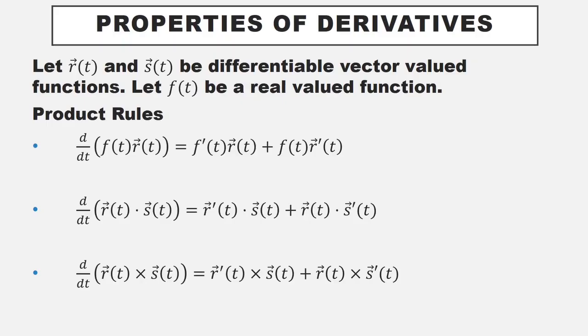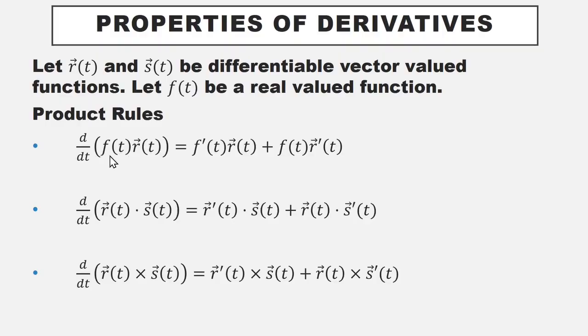So again, let's let r of t and s of t be differentiable vector valued functions. And let's let f of t be a real valued function. That's one where I plug in a t and I get out some real number. If I take a real number valued function and multiply it times a vector valued function, then this would distribute like scalar multiplication.